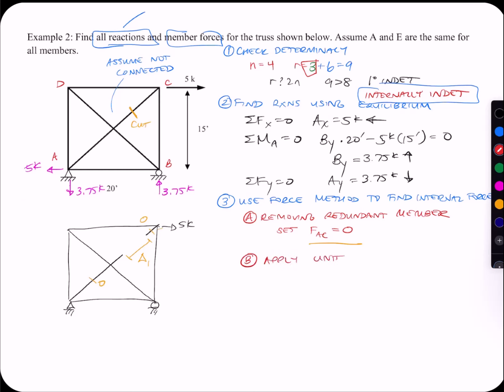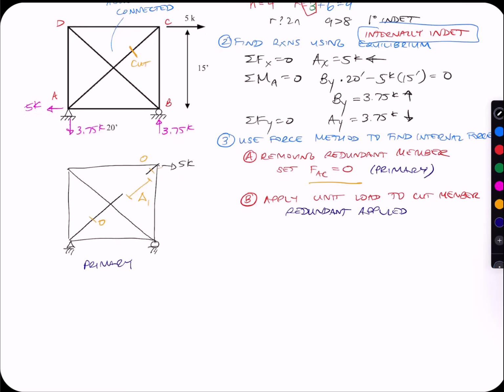a unit load to the cut member. Remember, this is our primary structure, just like before. This will be our redundant applied. So what's this one going to look like?